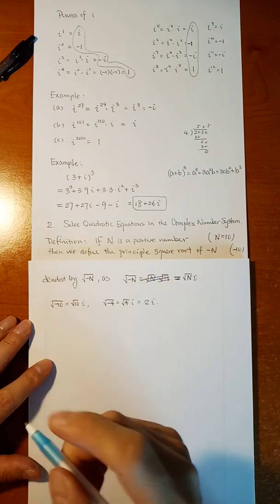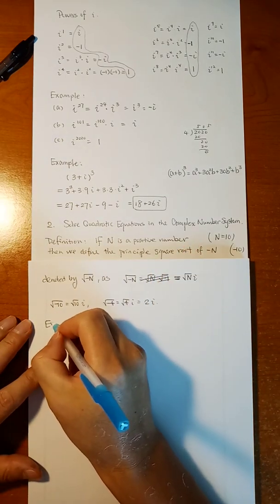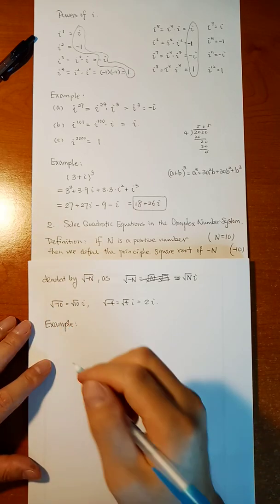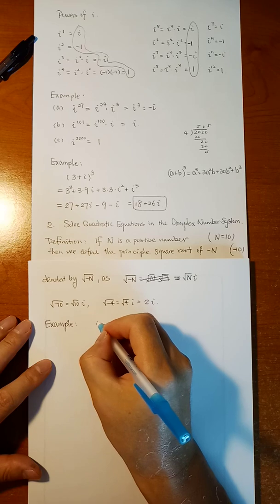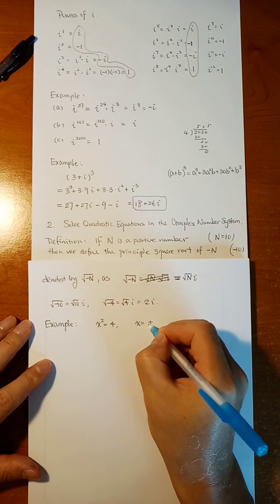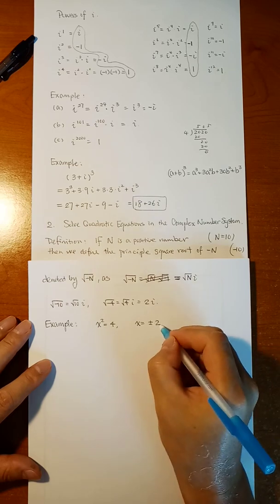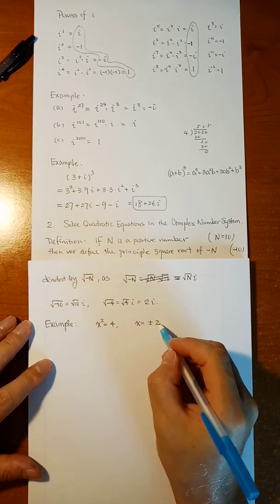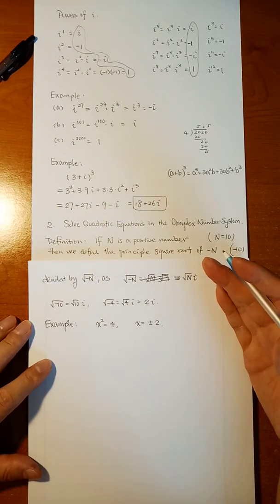What do I mean? I mean the following thing. If you have x squared equal to 4, you will see x is plus or minus 2. Positive 2 is called the principal square root. Negative 2 is its counterpart.